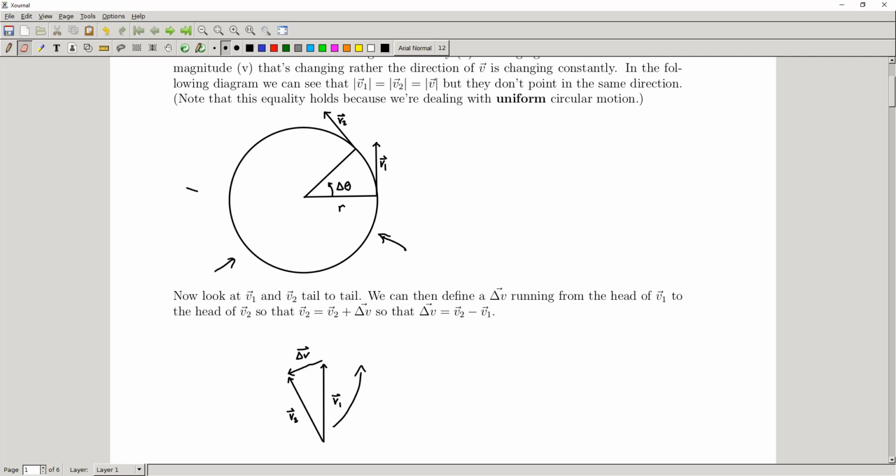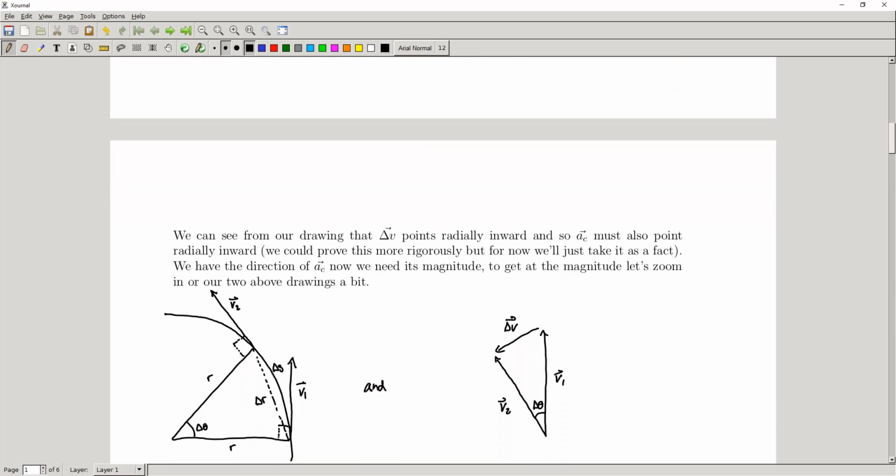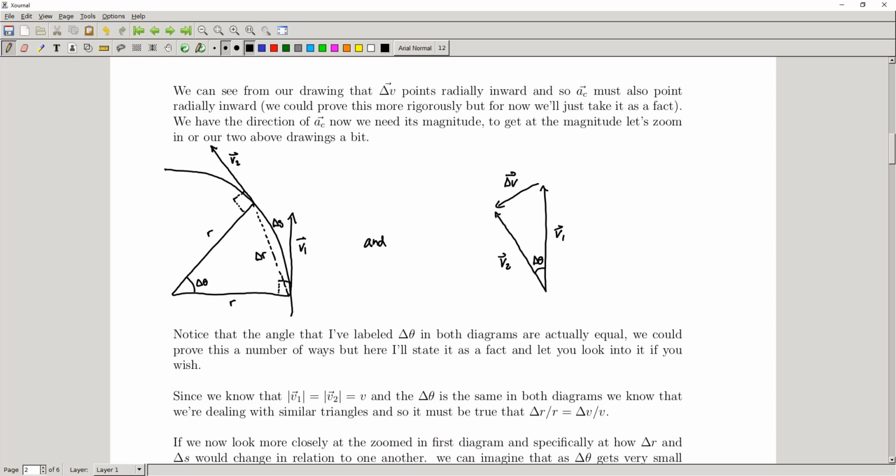Okay, so we have the direction of our centripetal acceleration, of our a_c here, but we don't have its magnitude yet. So we're going to take a look at finding the magnitude.